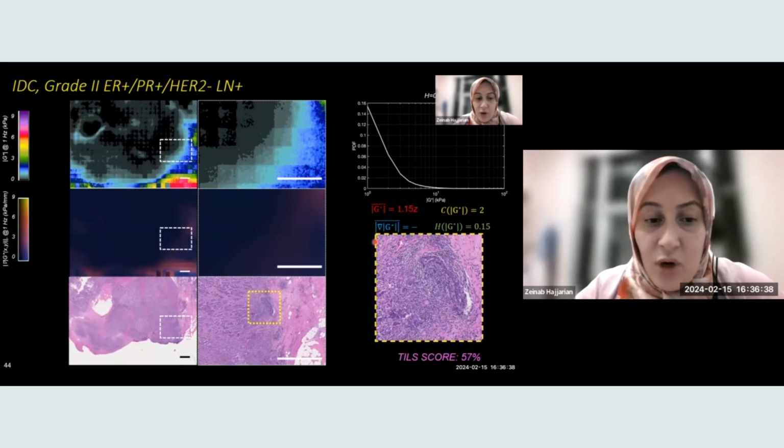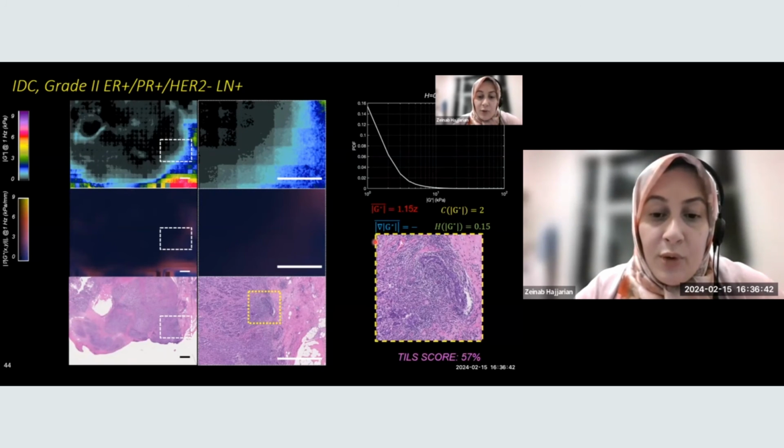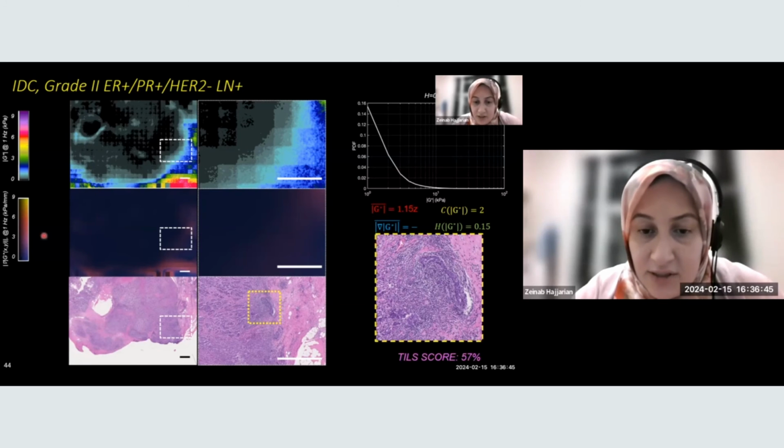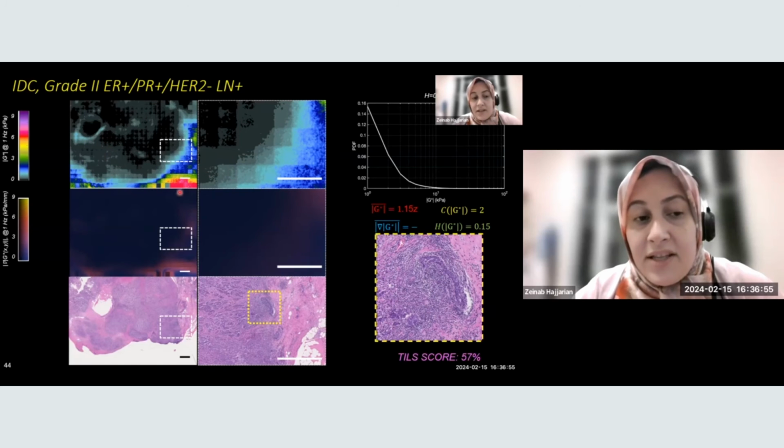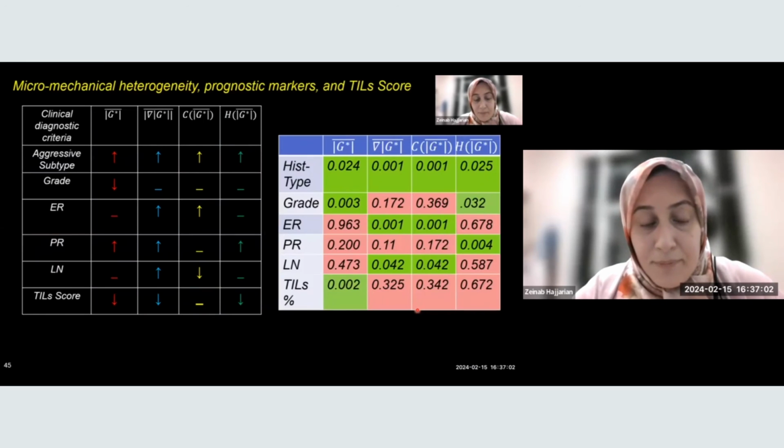And eventually, this is one that has 57% of its stromal component or more covered with these blueberry-like immune cells. So obviously, there is a significant correlation between reduction in the overall stiffness of the tumor microenvironment and the infiltration of immune cells.